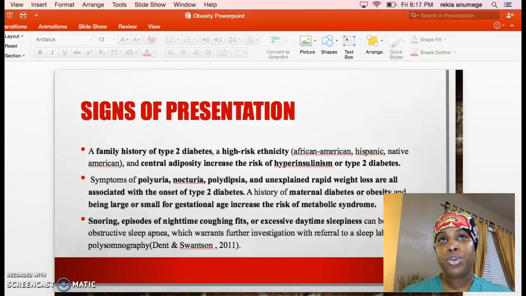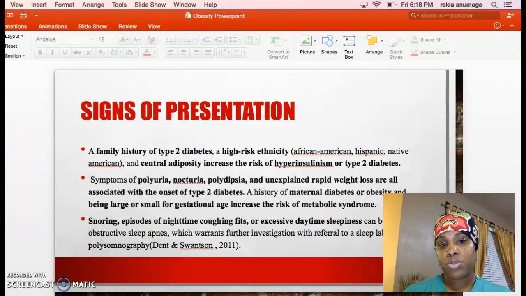Urinating, you're either urinating too much or not at all. Unexplained rapid weight loss. There are a lot of things that are associated with diabetes that therefore can lead to obesity. Also, sleep apnea has a big effect on your body weight.